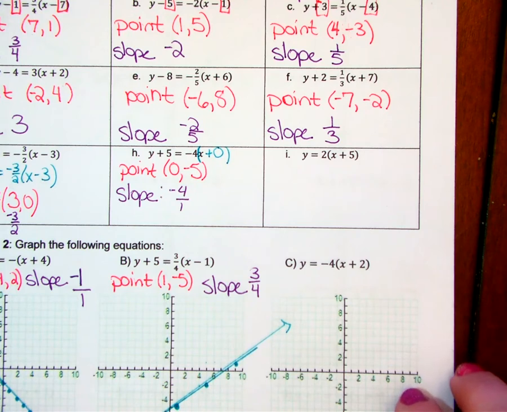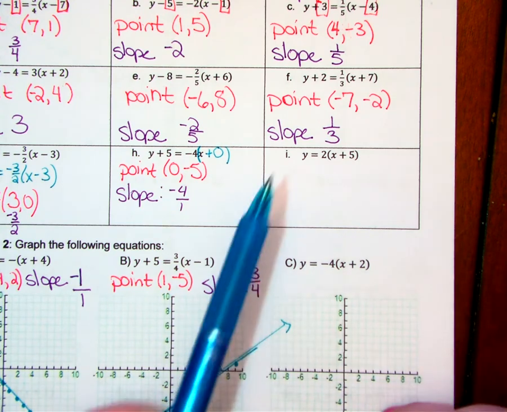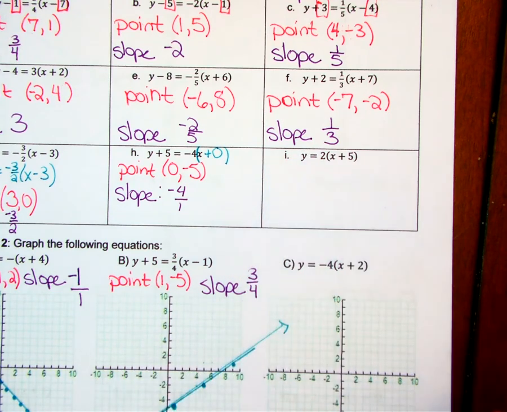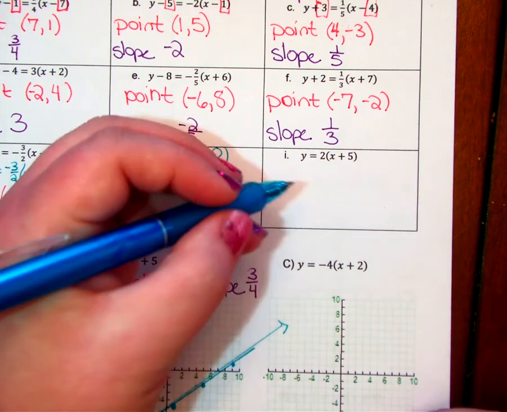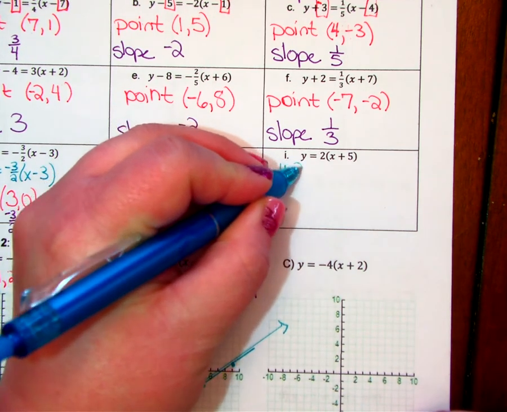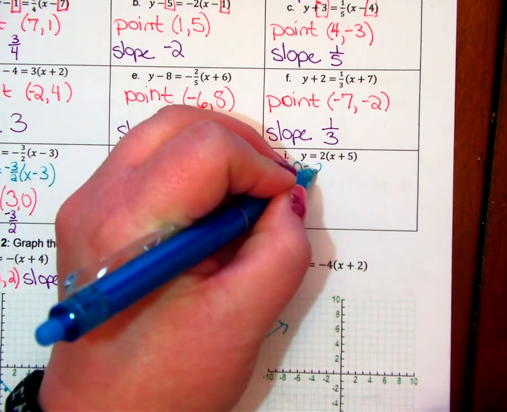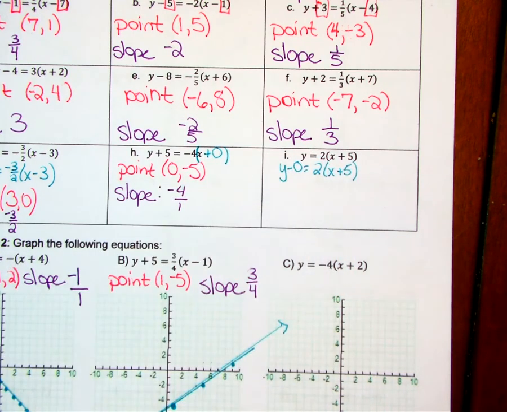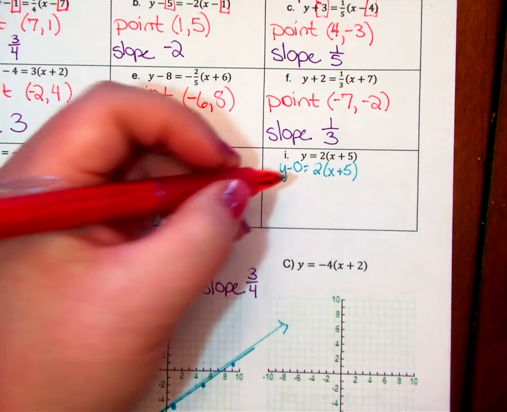Let's take a look at I before we do a graphing one for a level 4. Again, I'm not seeing the number over here with the y. I don't see a y coordinate. That means that my point is really just 0, and you can rewrite it like this if you'd like, or you can understand that it's 0 and not write it. It's up to you. Either way is fine, because my point is still the same.